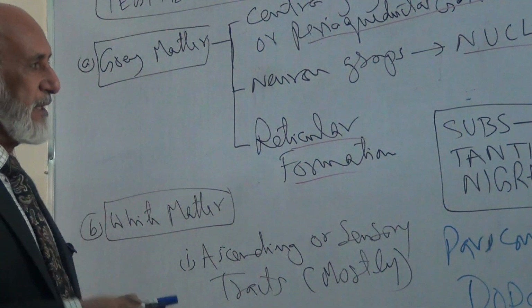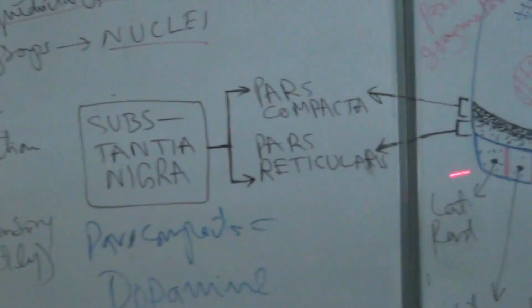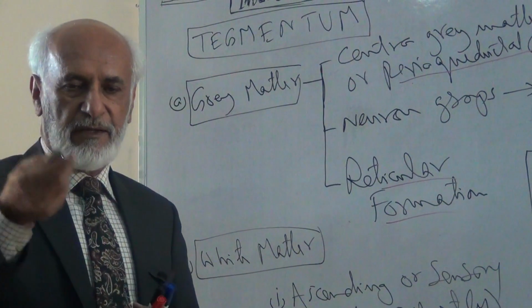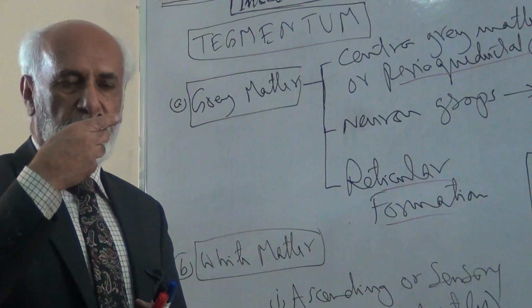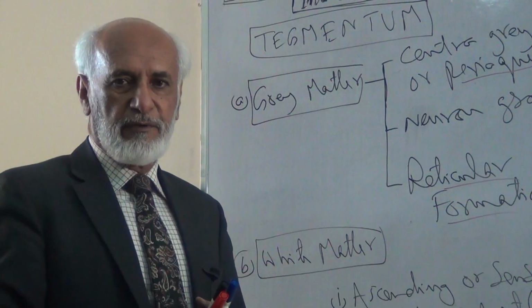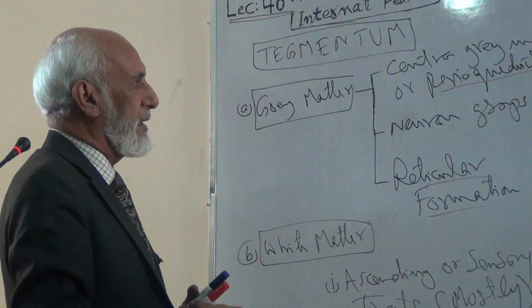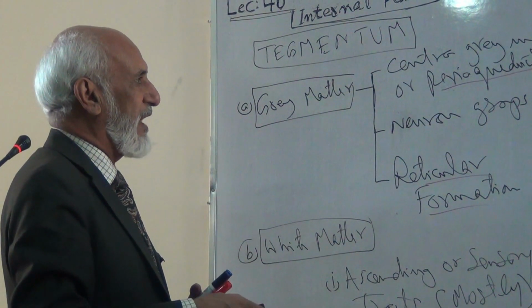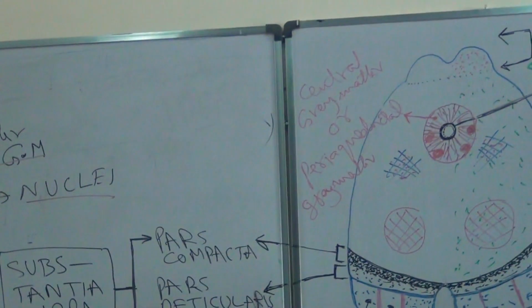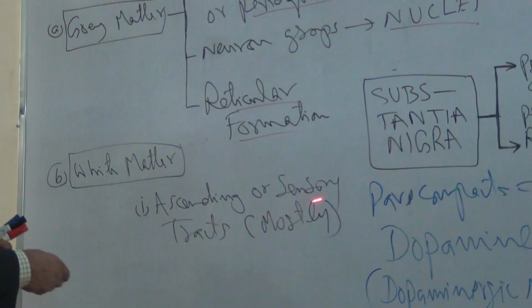I told you in the crus cerebri there are descending tracts, motor tracts from the motor cortex and other cortices of other lobes to the midbrain nuclei, medulla oblongata nuclei, and to the spinal cord. What are the nerve fibers or tracts traversing through the tegmentum of the midbrain? These are mainly sensory tracts.